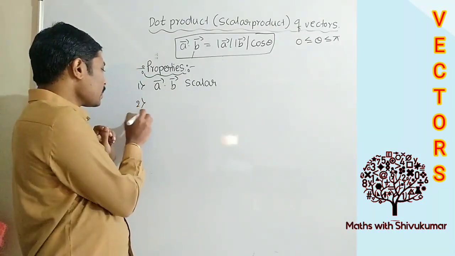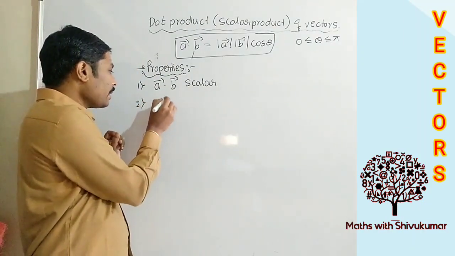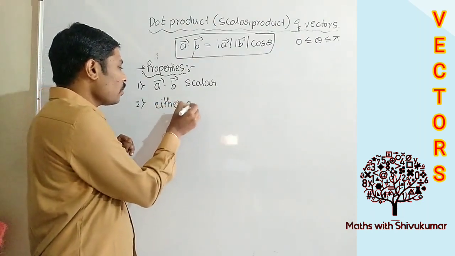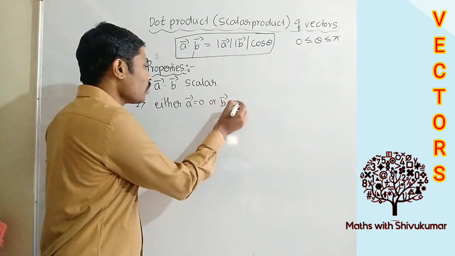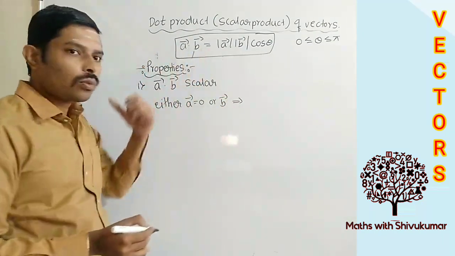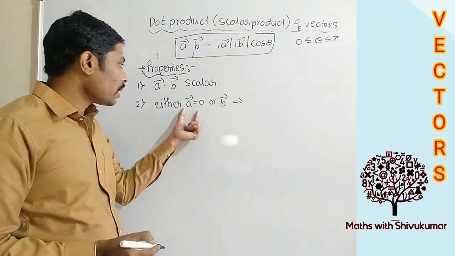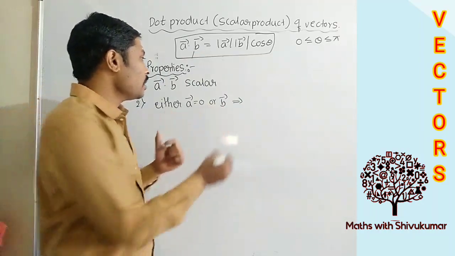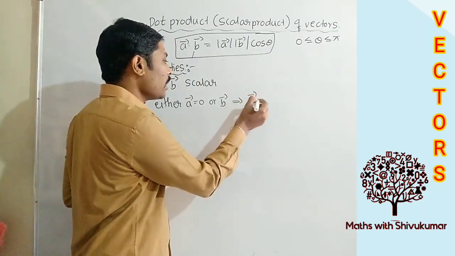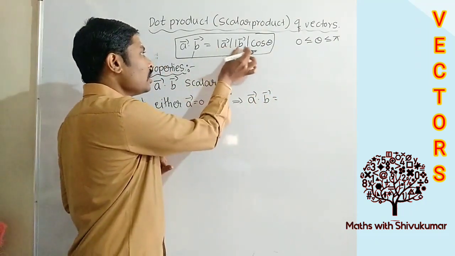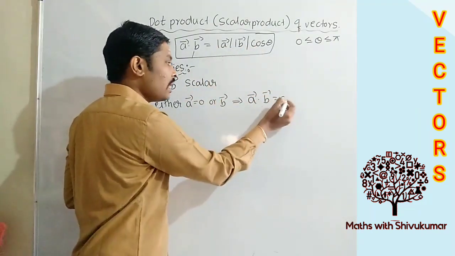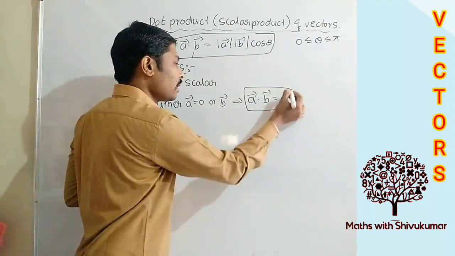So second property, see here students. Either vector A is 0 or vector B is 0, then what happens to A dot B? You will get 0, because the magnitude is 0, and 0 into anything gives 0.